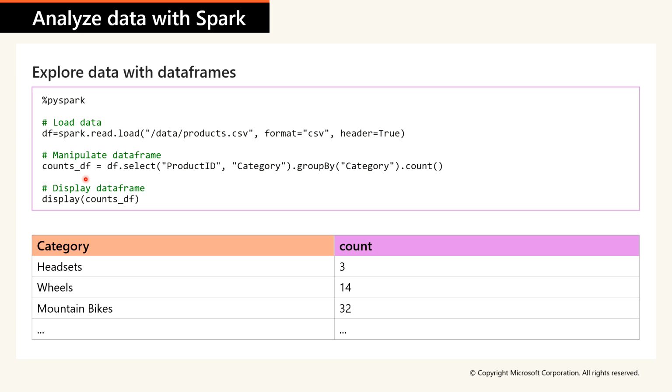And then finally we display the result with the display function, inside which we give counts_df as a parameter. As a result, you can see the table below, which gives us the output with the category and the count of each category under each particular column. So you can see this output.